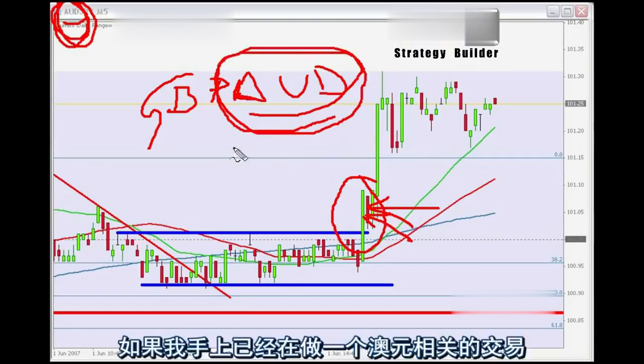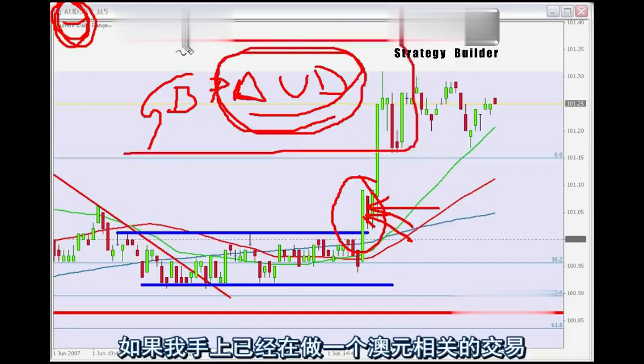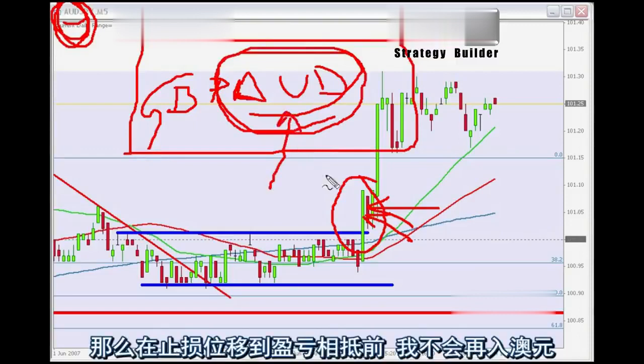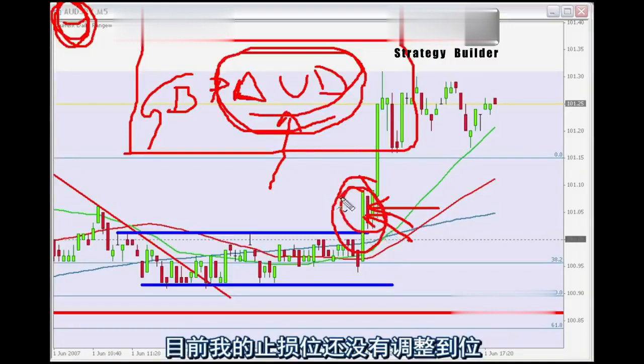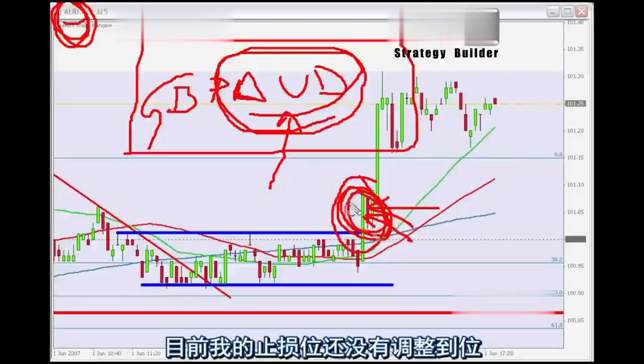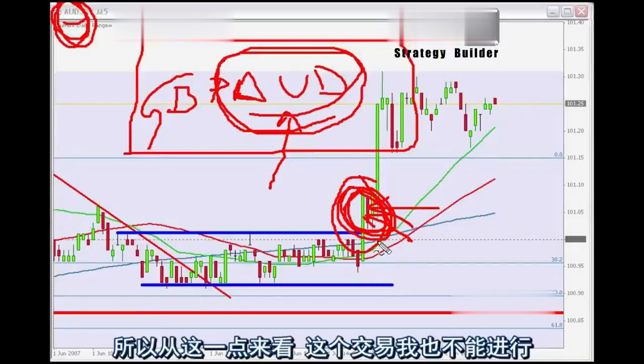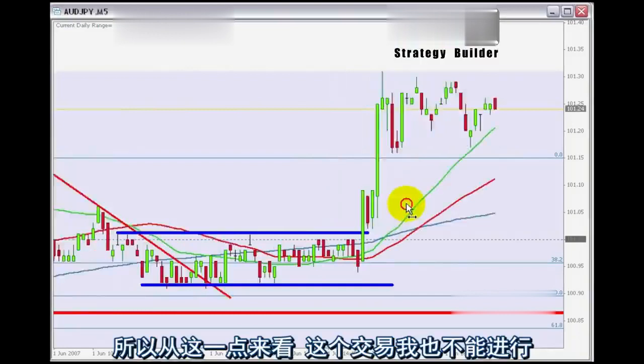So if I am already in a trade in a currency pair related to the Australian dollar, I will not take any other entry until my stop loss is moved to break even. At this time, my stop loss was still not at break even, so I couldn't possibly take this trade.